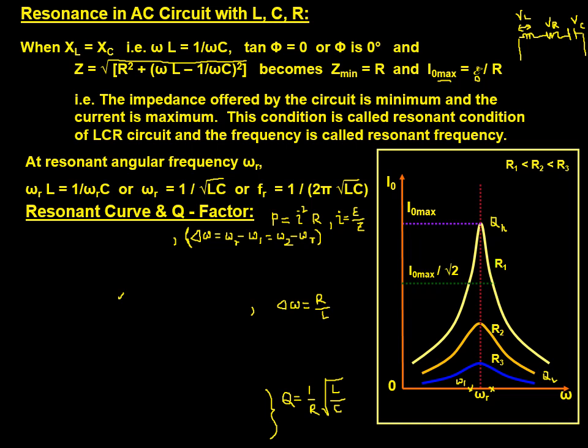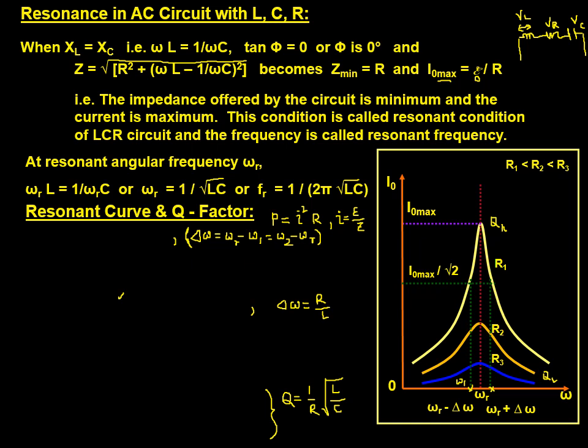current. Half power current, you can easily understand that at different frequencies the current is changing, so the power is changing. At some frequency the power is becoming I naught max square into R, that is the P maximum. So that value is known as half power current, and the frequencies corresponding to them are known as half power frequencies.